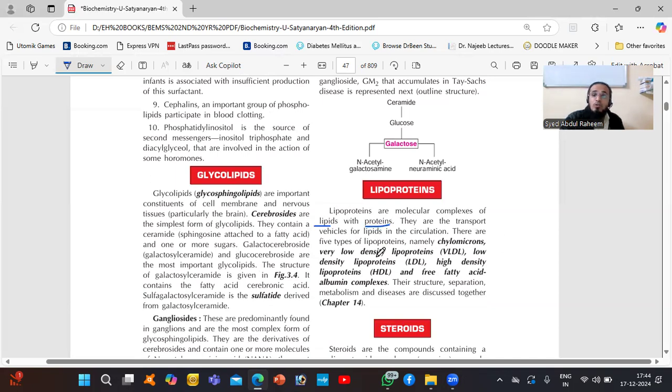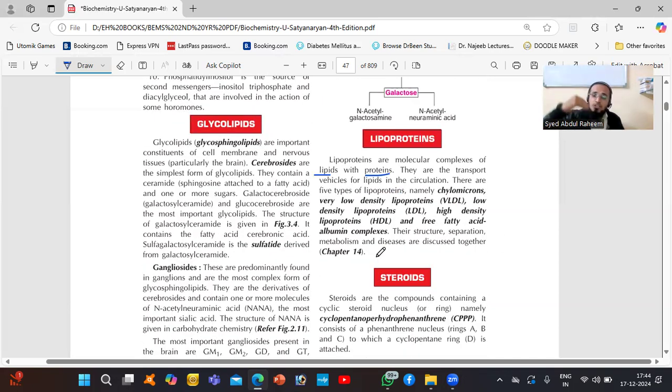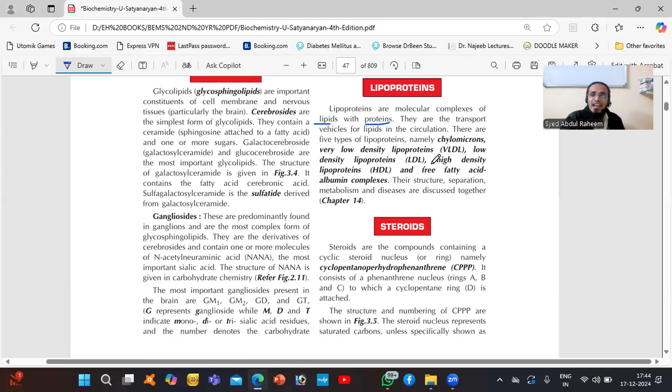If you want to transport lipids from one place to another, we need lipoprotein, like HDL, LDL and VLDL. We always check these in our lipid profile test.